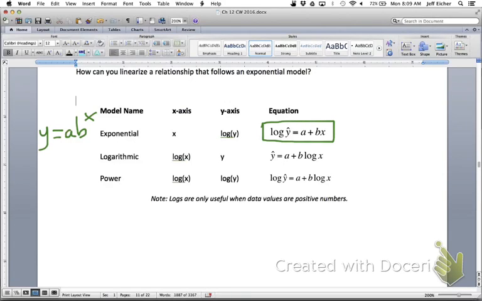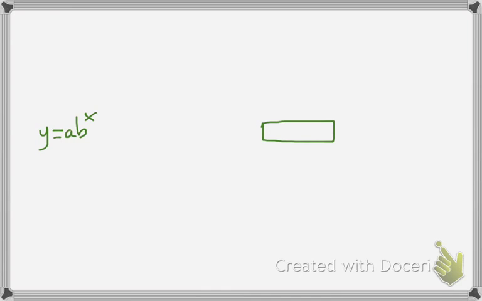So let me explain a little bit where this comes from. Have to review our log properties. So let's see. Go to a whiteboard setting. Okay, so let's say we conjecture that we have some exponential relationship like that.